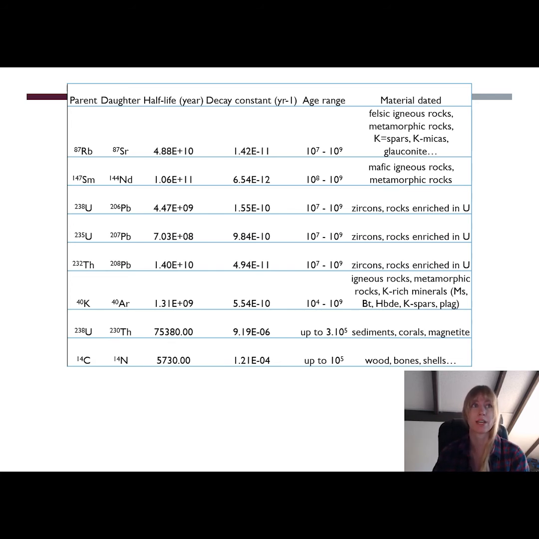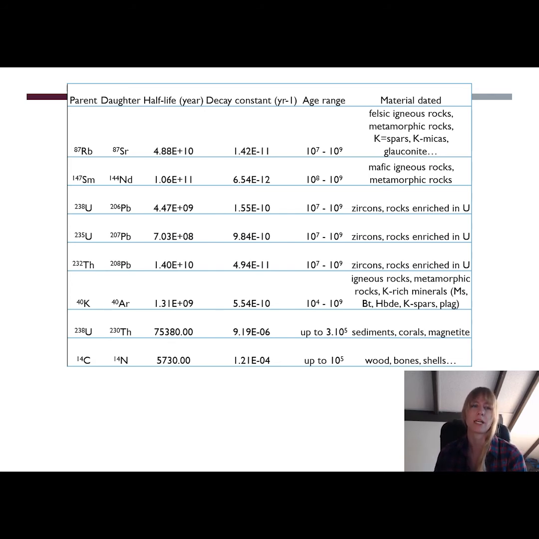And your half-life is 4.88 billion years, yes. So your age range is 10 to the 7th to 10 to the 9th, which is in your billions. It's pretty old. And you're going to be looking at felsic igneous rocks, metamorphic rocks, K-feldspars, micas, and something you all haven't heard before, called glauconite.